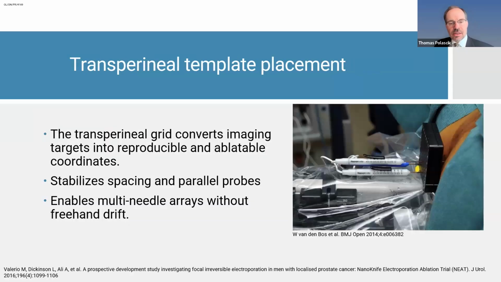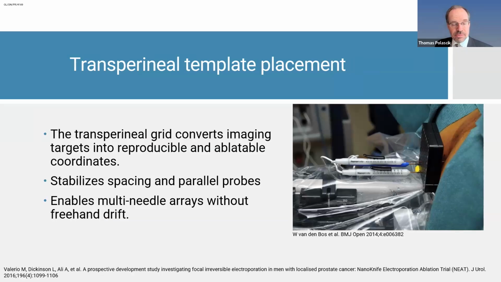As mentioned, I like transperineal techniques. I feel that they are the most accurate. We put these directly through the template, and I think there's a high degree of accuracy with this, particularly for the anterior tumors. So my choice with ablation is always going to be transperineal template.